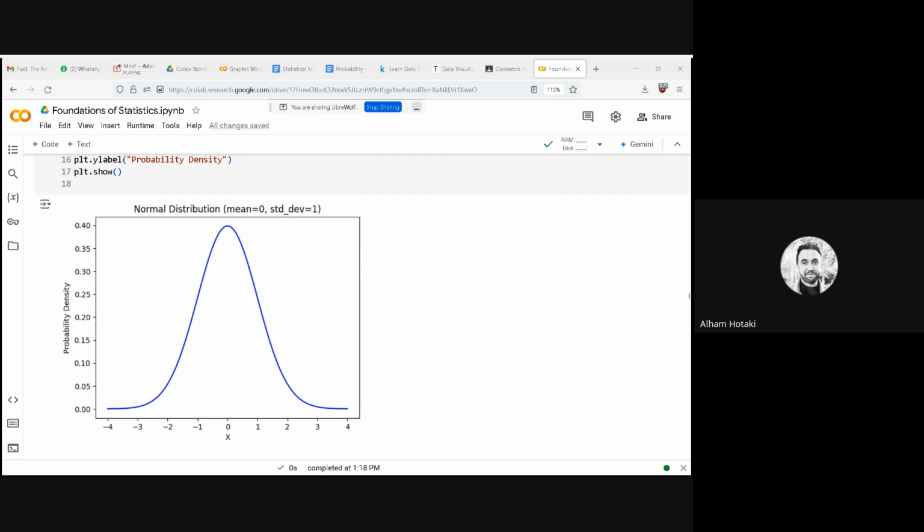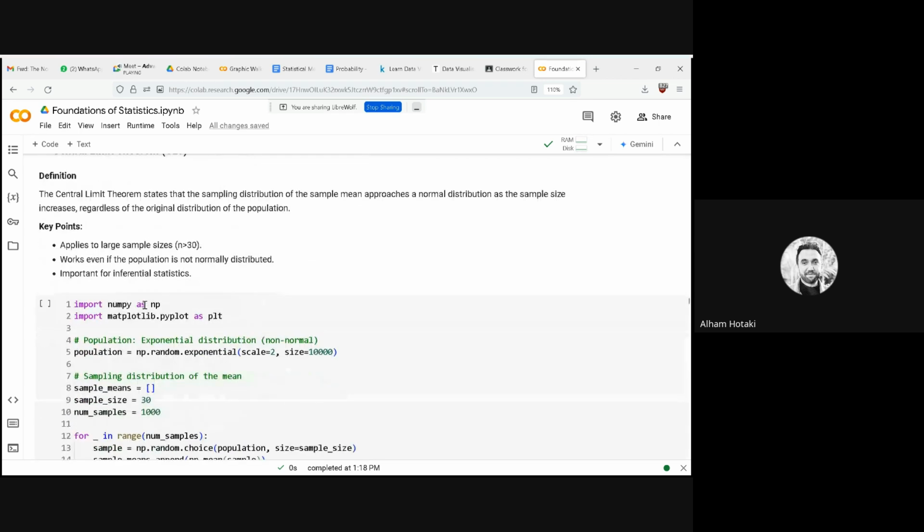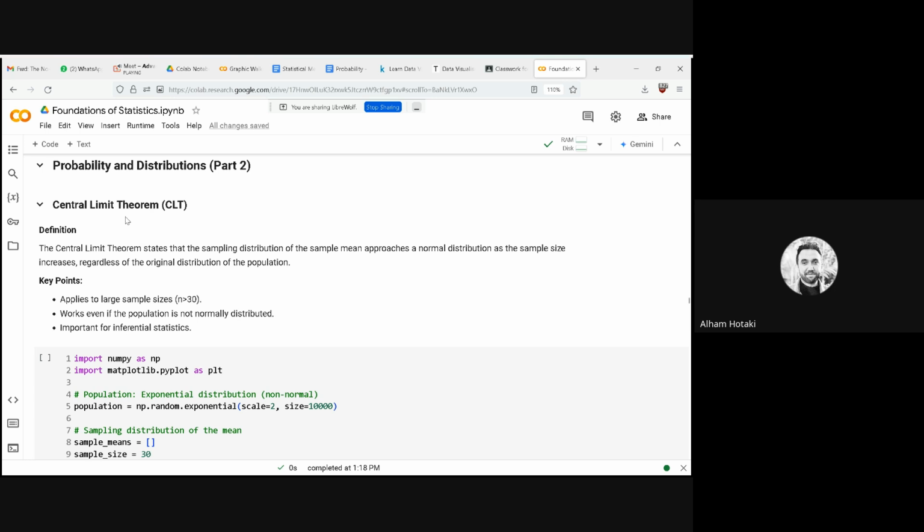Now coming to one of the main and important topics in probability, the central limit theorem. What is the central limit theorem? The central limit theorem states that the sampling distribution of the sample mean approaches a normal distribution as the sample size increases, regardless of the original distribution of the population.